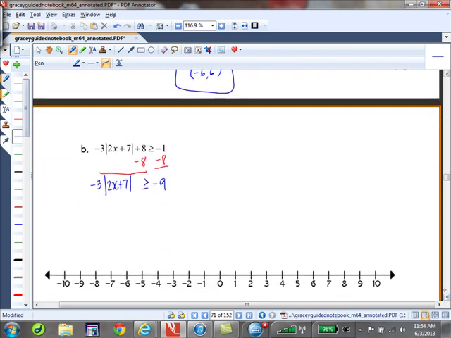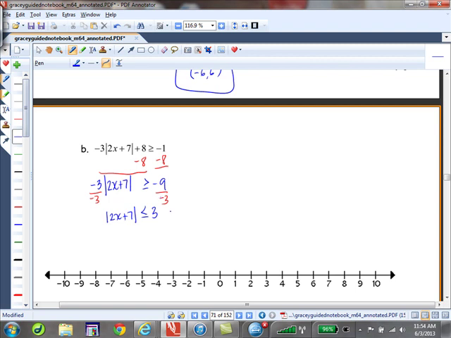Now recall that when you multiply or divide by a negative number in an inequality, you flip the inequality. So here we need to divide both sides by -3 to isolate the absolute value. So we'll get absolute 2x plus 7 is less than or equal to 3 because of dividing by the negative.